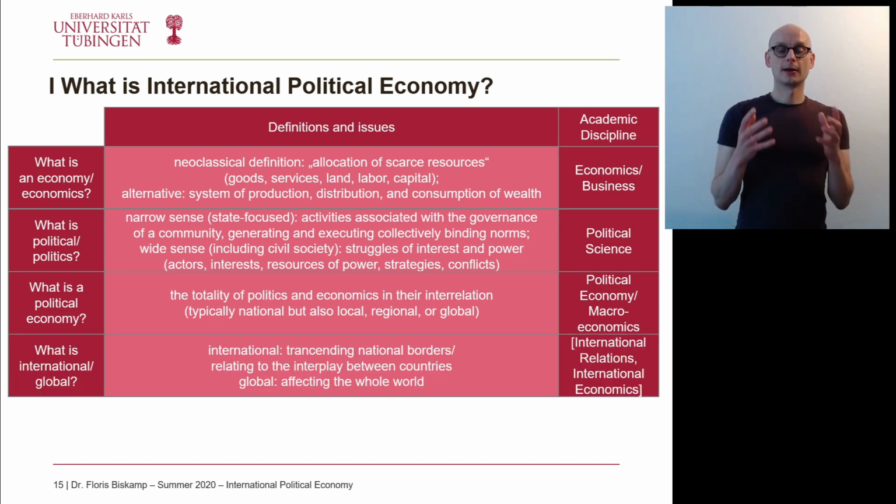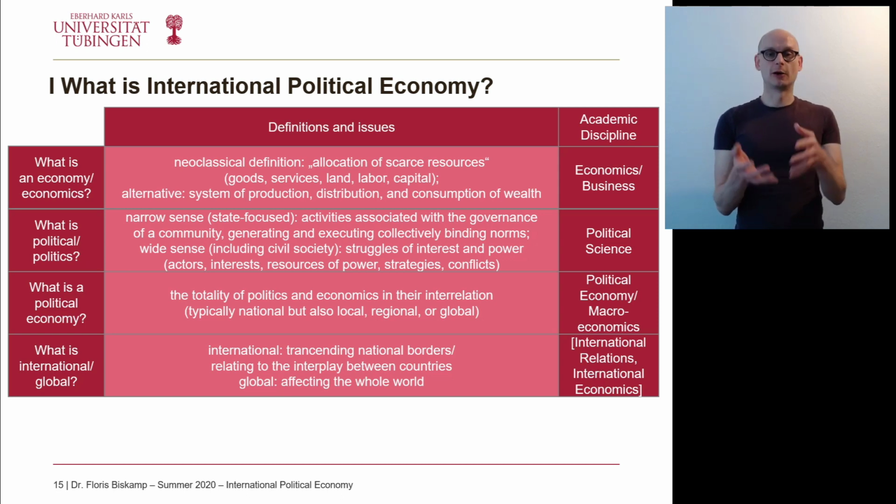So let's then look at the first word in the term international political economy, which is international, or if we speak of global political economy, then it's global. The word international refers to anything that transcends national borders. For example, if you travel from Tuebingen to Berlin, you're not doing international travel.